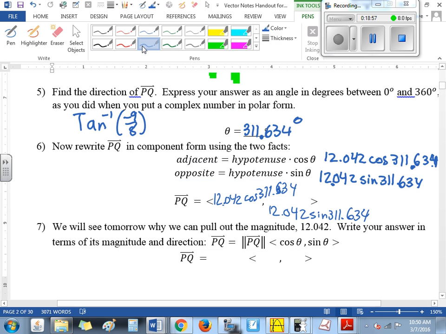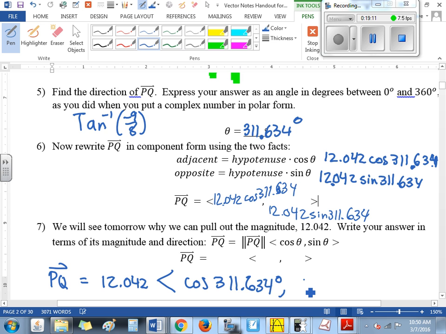Okay, so I'm going to write that one more time. This is my final rewrite of vector PQ. I'm going to put the 12.042 in the front. Then I'm going to put a cosine 311.634 comma sine 311.634. Man, this should feel really familiar to you.